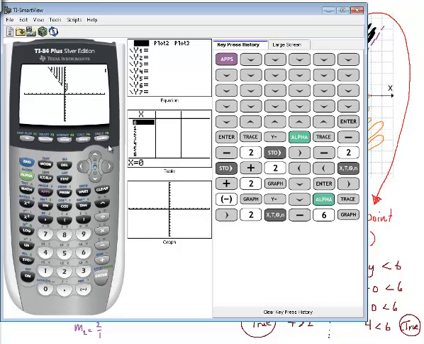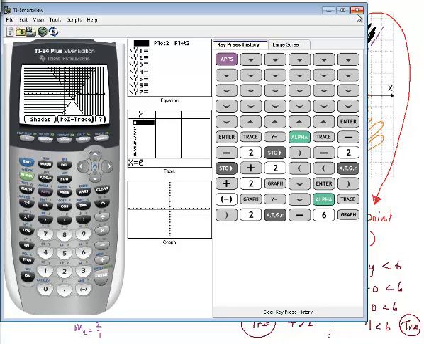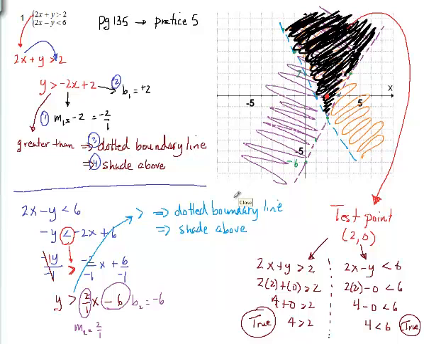You see now where the two overlap. There's the first one, and now it's overlapping. So this shaded region right here is the same shaded region we had, the solution to your graph. Okay, so that's the solution to number 1 on page 135 of your book 2.